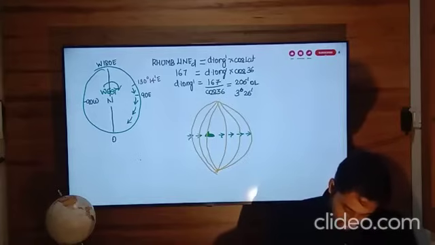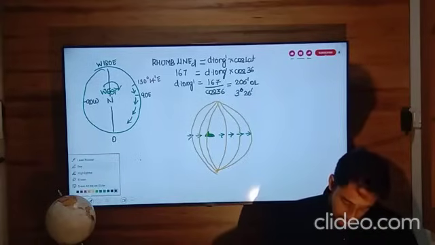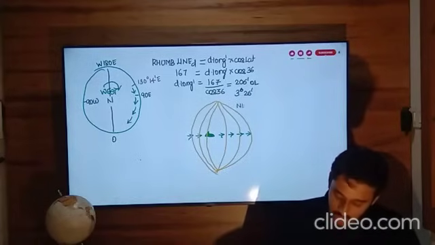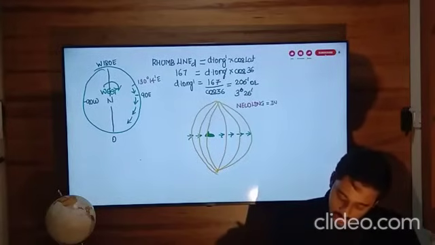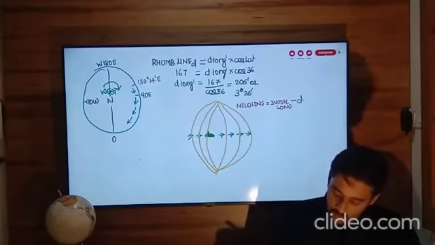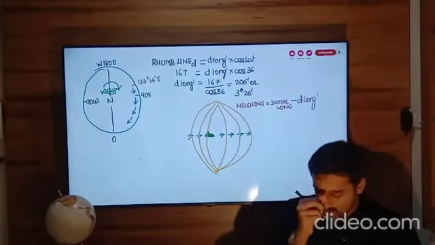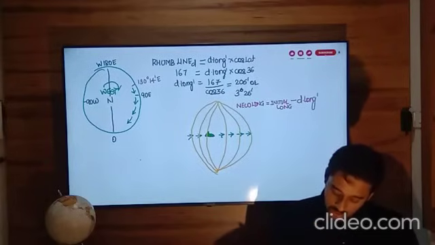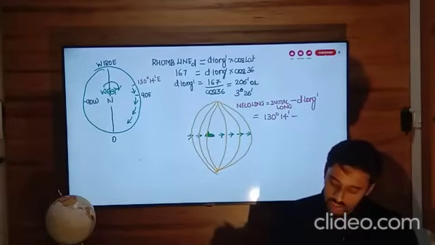So write down: new longitude equals initial longitude minus d long in minutes. So initial is 130 degree 14 minutes. d long is how much? 3 degree 26 minutes.